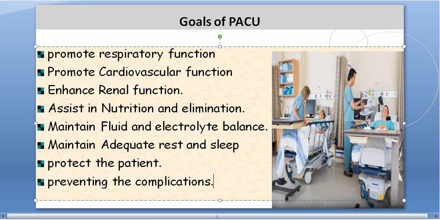Okay, that you will deal with in the GI system in detail. Or you can also monitor the electrolyte levels of the patient. Electrolyte levels mainly include sodium levels, potassium levels, chloride, magnesium levels. All that has to be assessed.